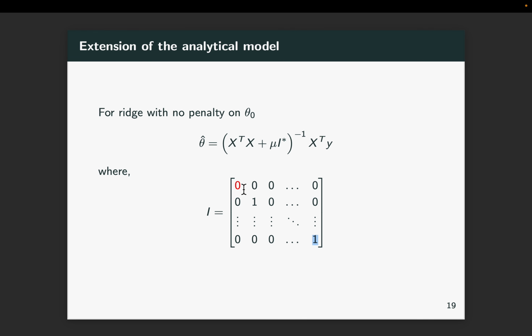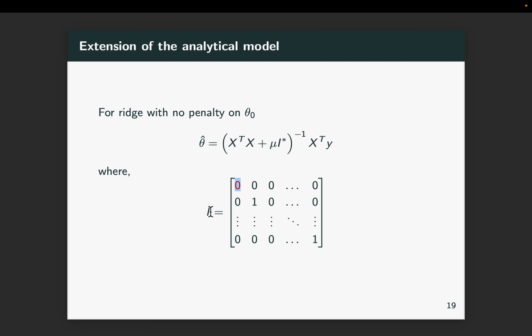So therefore, the first term is the penalty corresponding to the intercept term, and if I keep that value in I, so sorry, this should be I star, to be 0, then I don't put any penalty on the intercept term. Right? So I've just modified the I to I star so that I don't have to put any penalty on the intercept term.